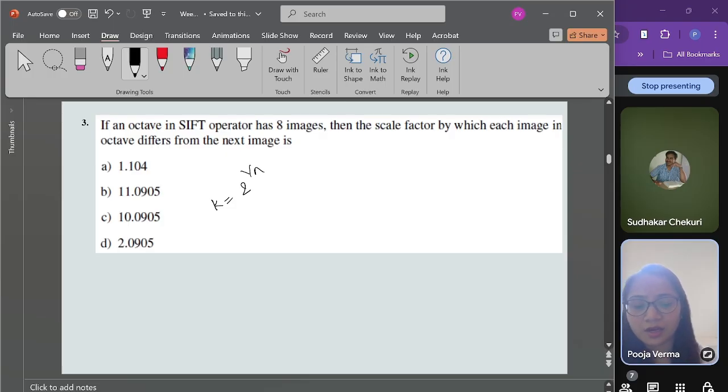Within an octave, the adjacent scales, let's say s, differ by a constant factor k.